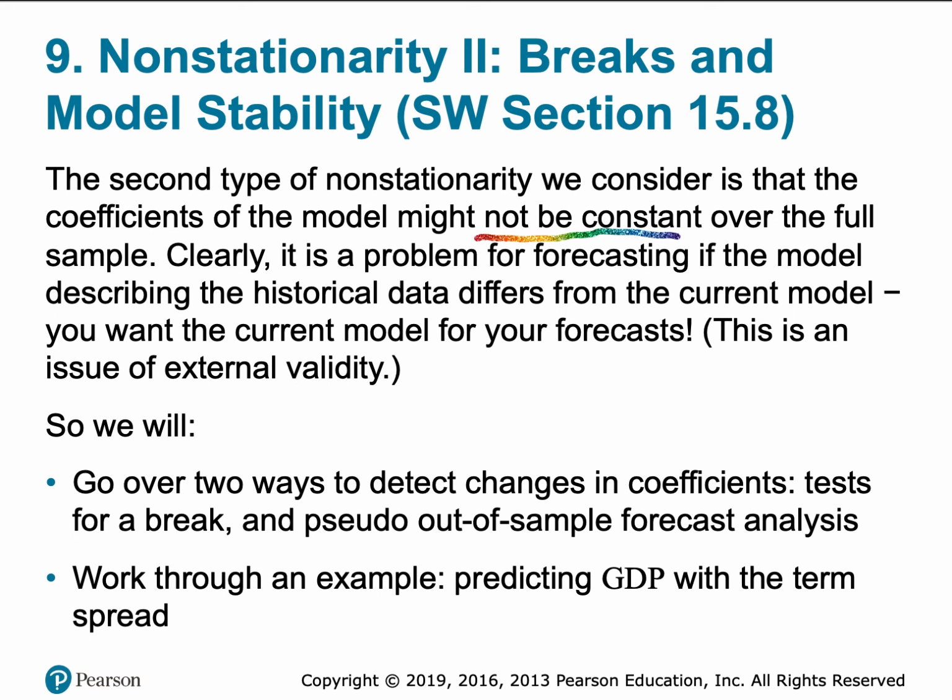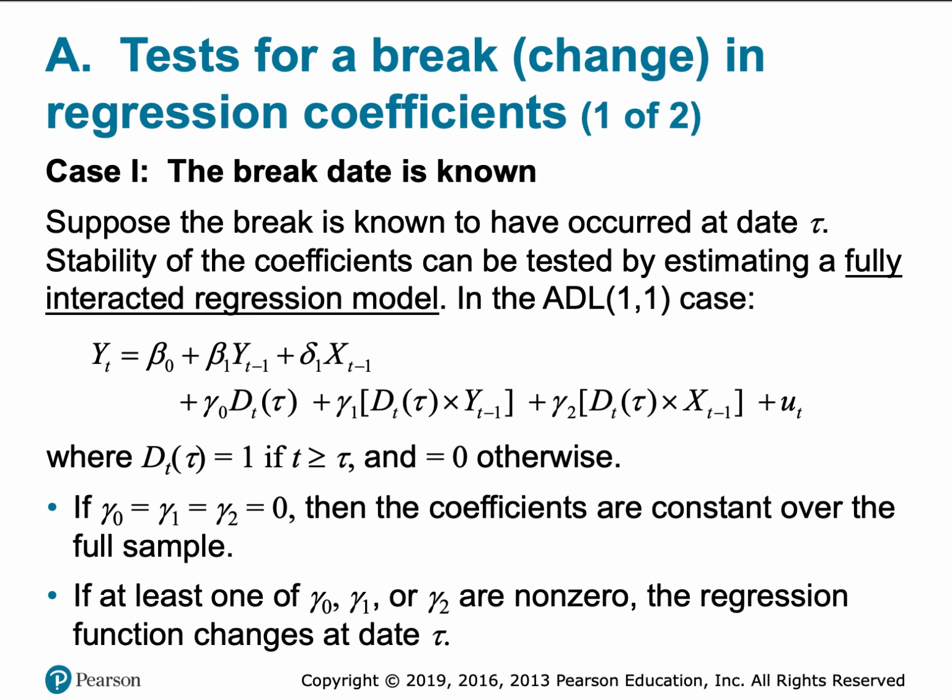In this section, we will work through an example predicting gross domestic product using the term spread. We are focusing in this video on testing for a break, which is a change in the regression coefficients, in the case that the break date is known. Suppose the break is known to have occurred at date tau.